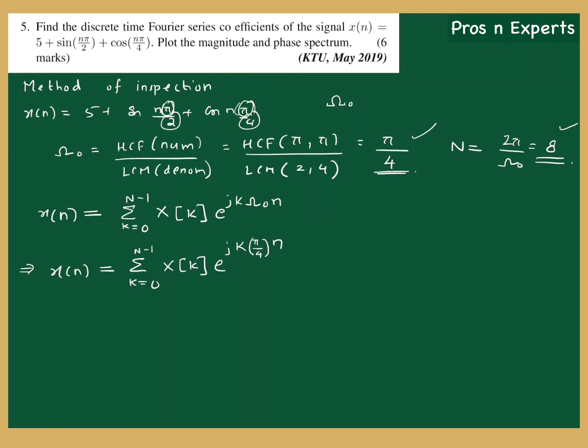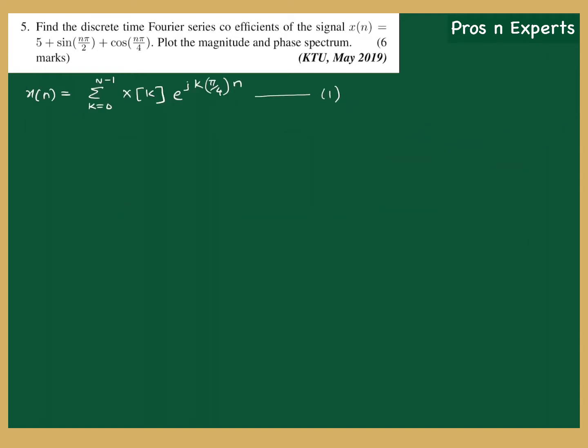Let me now call this equation number 1. This is my takeaway from the DTFS equation. So I have semi-generalized the general discrete time Fourier series equation, except that I've given omega 0 as pi by 4 pertaining to the original signal.